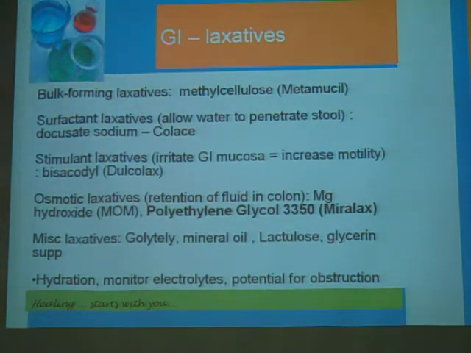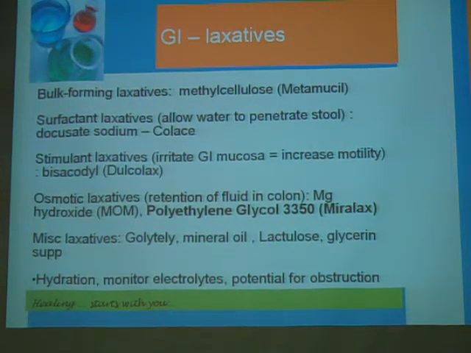The fiber, with water or some kind of fluid. Then a surfactant, something to draw water in to penetrate the stool. Sometimes the stool is just hard. Even though they're drinking water and doing everything right, the stool itself is hard because they don't have enough fiber in their diet or whatever the reason is. So the surfactant allows the water to penetrate the stool. Then they could try the irritant laxatives.